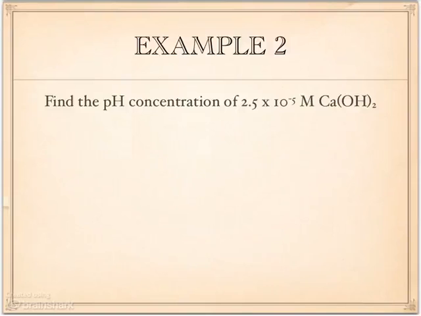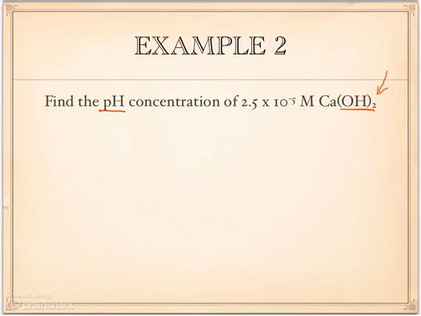With these types of problems, the main thing is to make sure you read it through carefully to see exactly what it is that you're given and what you're looking for. For example, in the second example, you're looking for a pH, but you're given OH, so you do have to pay attention to that. Another thing to pay attention to is, like I was mentioning before, that subscript, because you are going to need to take that into account.